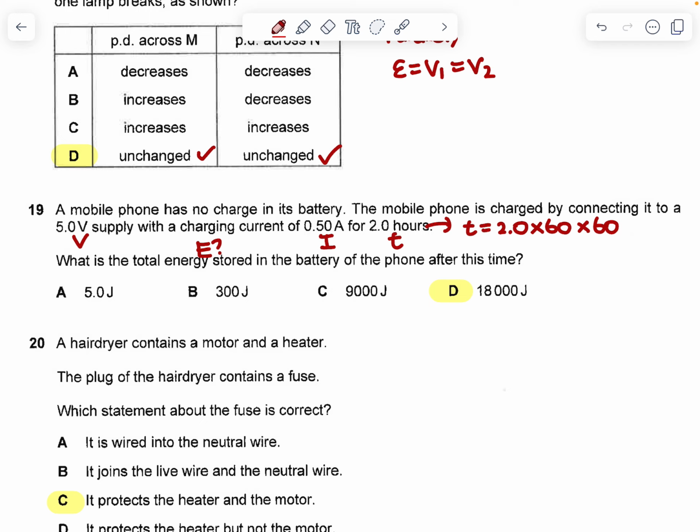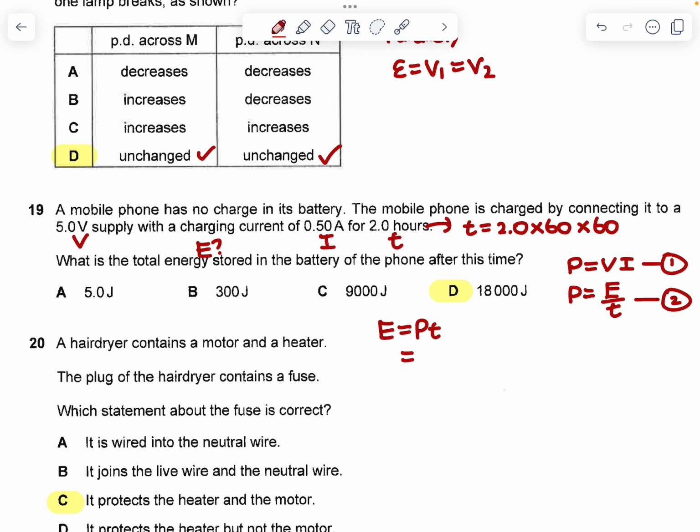So there are two formulas that you need to use. First formula, P equals VI. And second, P equals work done over time, or energy over time. So two formulas. We can rewrite E equals PT from the second equation.